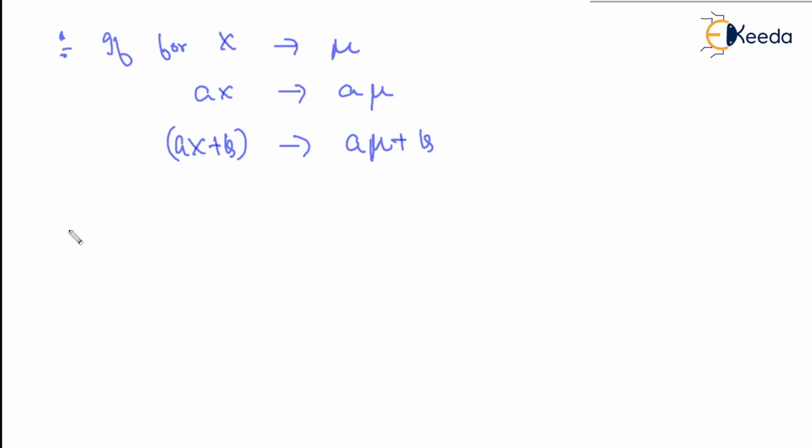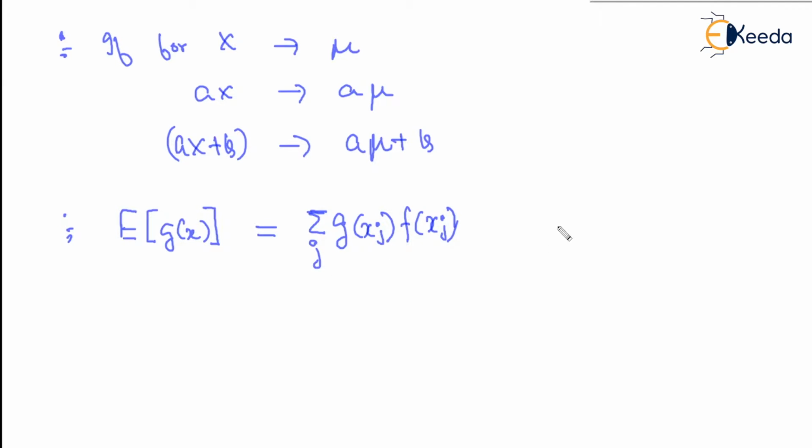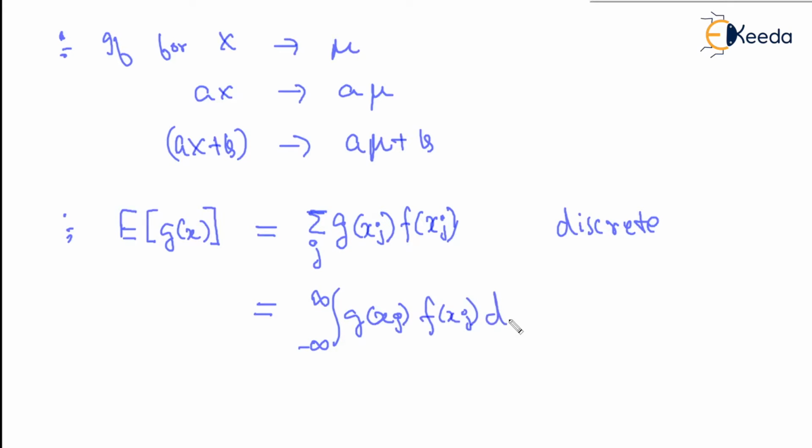Also, if we have to find the weighted average of some function, let's say E of g of x, where g is a function of x, then this is going to be the sum of g of xj f of xj for all j if it is discrete, or it will be the integration from minus infinity to infinity of g of x f of x dx if it is continuous.